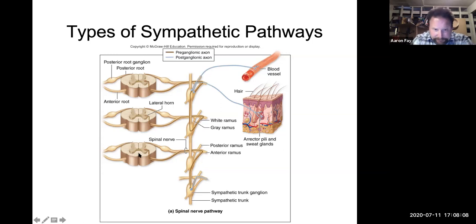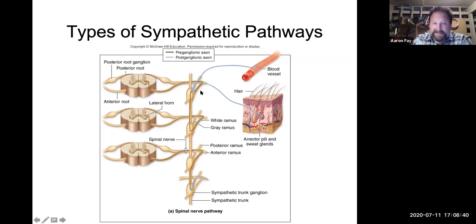Whereas here we have another example where our preganglionic axon leaves by the anterior root to the spinal nerve of one particular area, enters through the white ramus, and then travels inferiorly through the sympathetic trunk and has its synapse one level down. Now the postganglionic axon will leave via the spinal nerve at one level down.